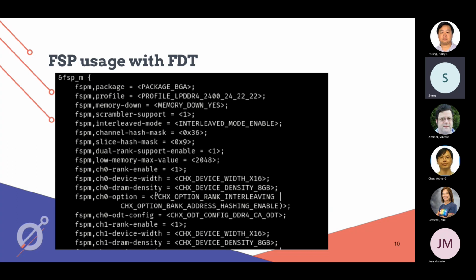It is much cleaner, especially for me, who has been integrating FSP parameters for all the different platforms for 5 years, since Kaby Lake. Every time you port a new platform, you have to find where the parameter is, where to insert it, and how to categorize it. But in this way, it is really neat, as you can see.